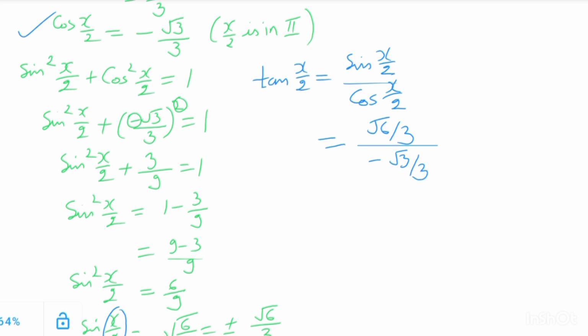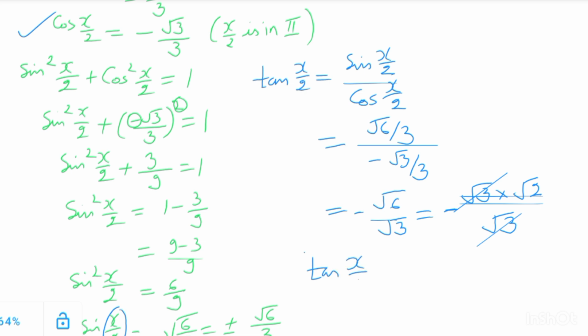So this will be equal to negative root 6 by root 3, and this can be written as negative root 3 into root 2 divided by root 3. Root 3 will be cancelled out with root 3. So tan x by 2 is equal to negative root 2.